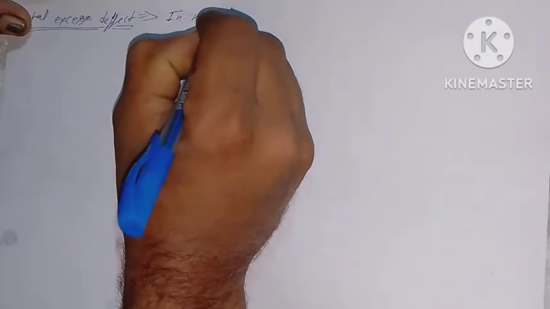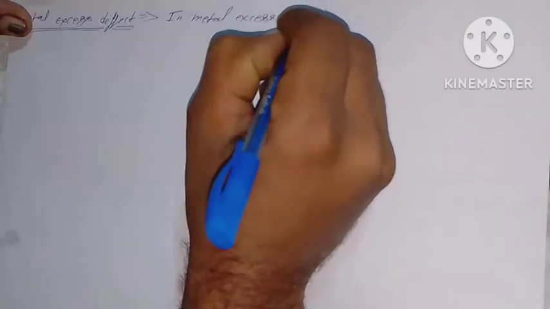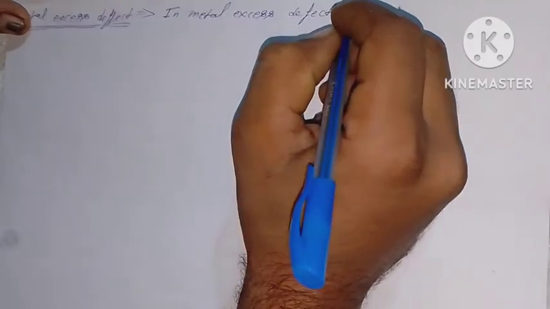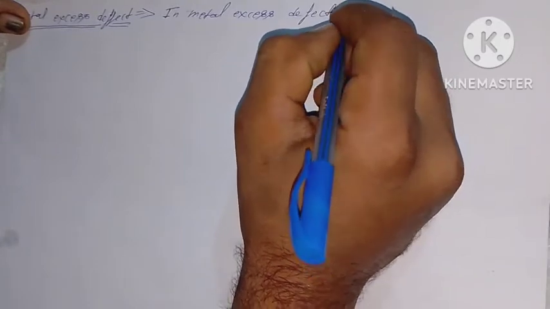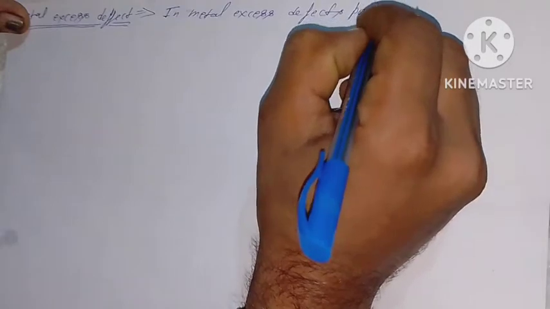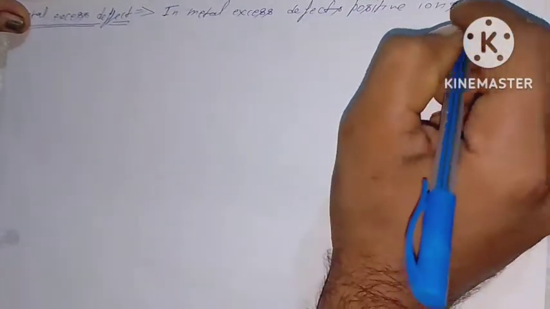In metal excess defect, positive ions are in excess.